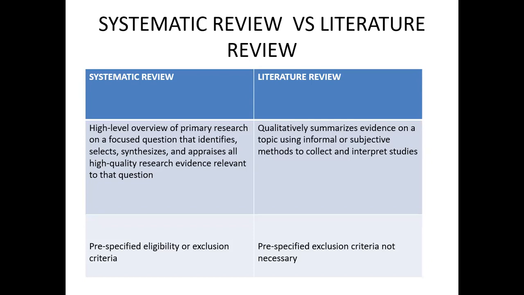So this overview identifies, selects, synthesizes, and then appraises all high quality research evidence relevant to that question. So you have the question, you have to go to the database, get the data, always aim for the higher quality. If you don't get higher quality at that particular moment, yeah, you come down a bit. Then you synthesize.